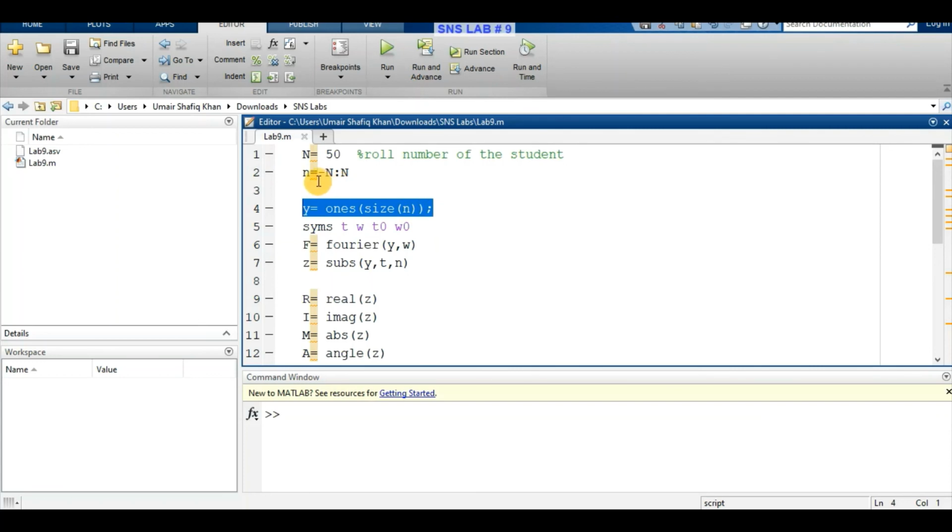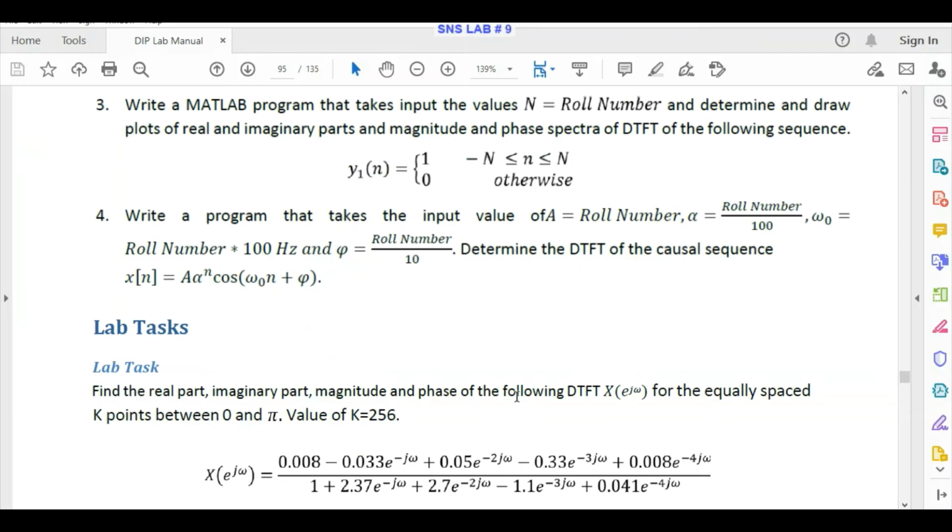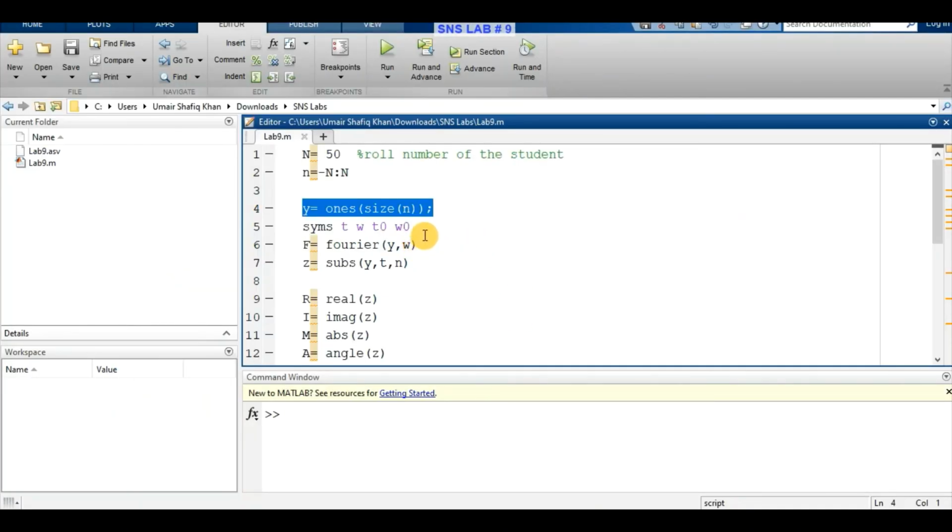N is basically the limit given in the question statement 1, where n is from minus n to n, and we had already defined the value of n. We defined some symbolic variables here which will be used in this case. The Fourier command will be used to find the DTFT of this signal.